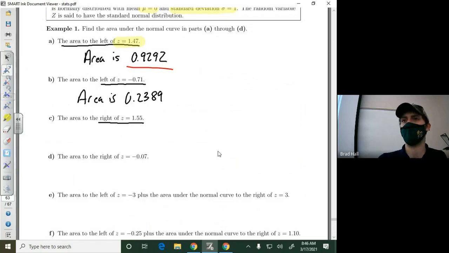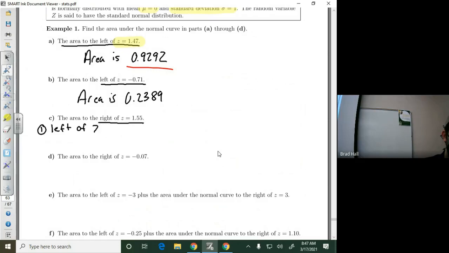Well, again, our table doesn't help with to the right, but if it's to the right, then we really have to break this down into two parts. With the first part being very familiar. Let's find the left of that value. Same exact value. So we're looking at the complement.